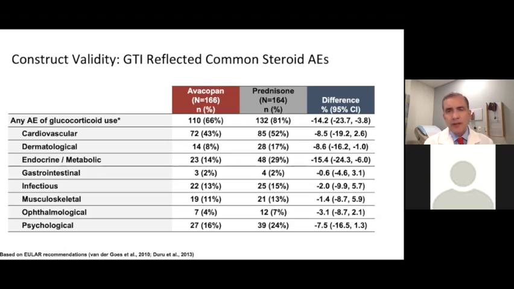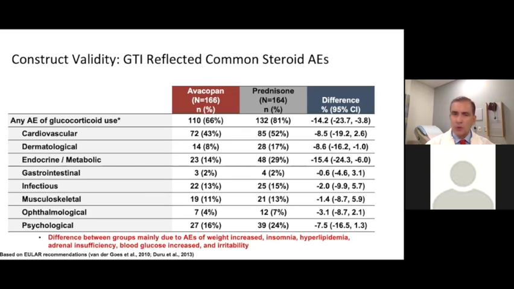Continuing further on the construct validity idea, the investigators compared the GTI to a group of commonly known steroid toxicities grouped according to cardiovascular, dermatological, endocrine, GI, etc. And over in the right-hand column, you can see again the negative numbers illustrate the reduction in these well-known steroid toxicities that occurred over the course of the trial.